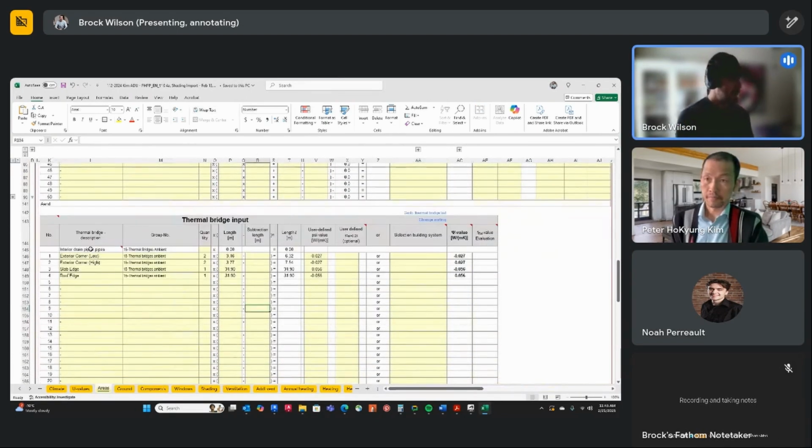Speaking on that, we've actually inputted negative thermal bridges based on our previous modeling of the ICF construction methodology. We've inputted thermal bridges for the exterior corners at your high roof, exterior corners at the low roof, and we've inputted a roof negative thermal bridge and the slab edge negative thermal bridge.